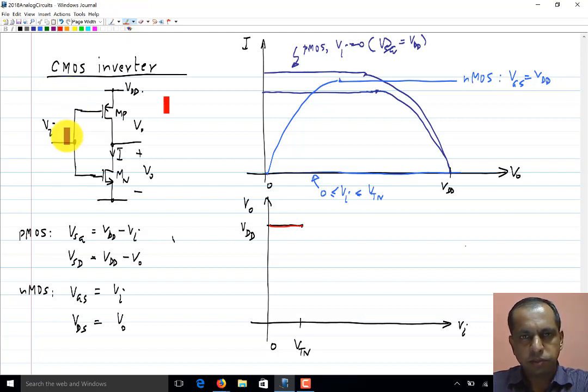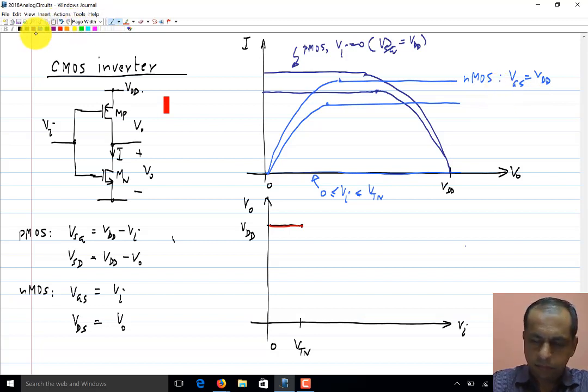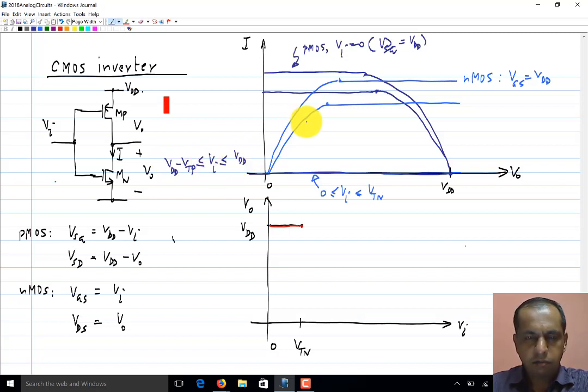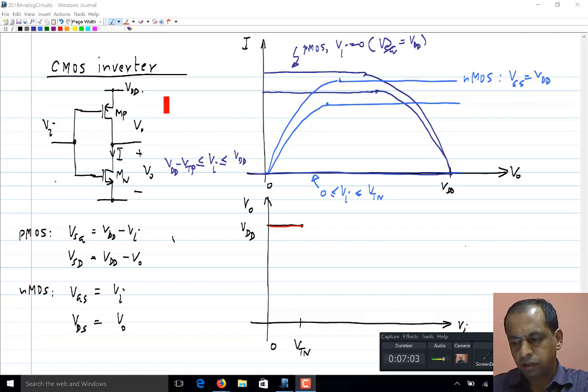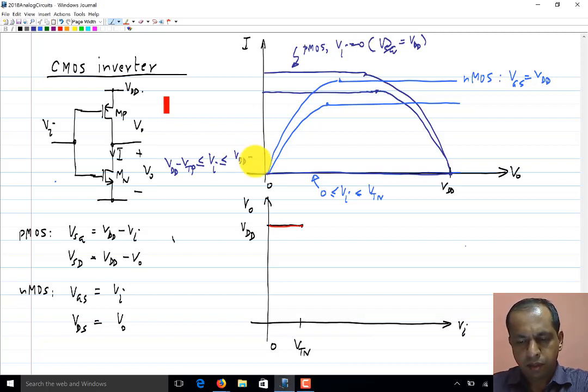Now as Vi reduces from VDD, this characteristic will change. But as long as the input voltage is between VDD and VDD minus the threshold voltage of the PMOS transistor, the PMOS transistor's characteristic is simply a zero current line.